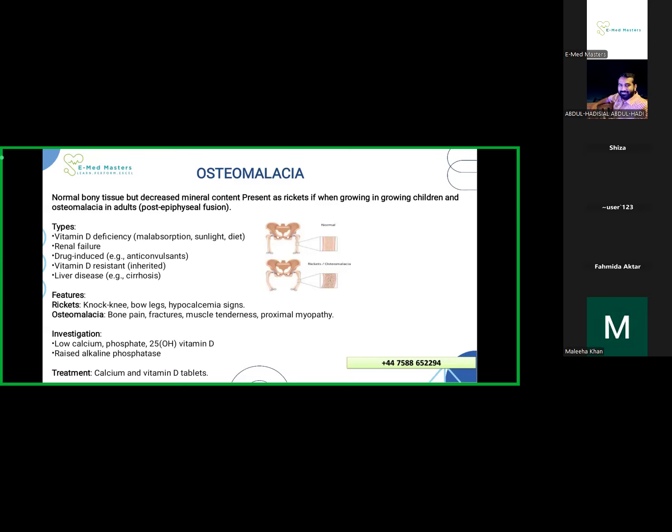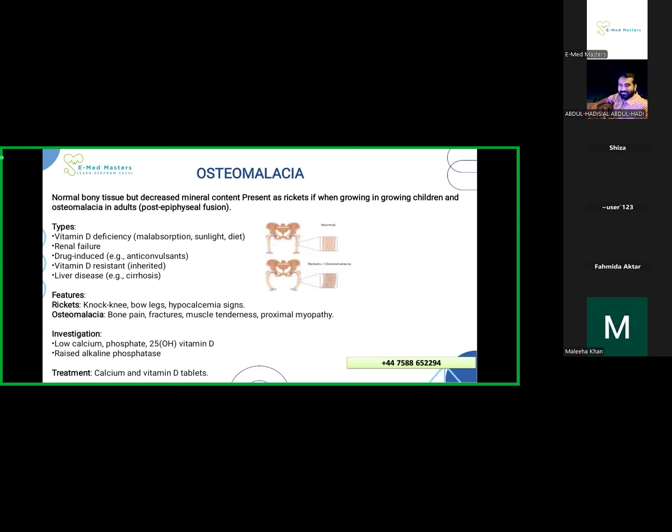It has different types like vitamin D deficiency, renal failure, drug-induced vitamin D resistant rickets, and liver diseases. They all cause osteomalacia, and rickets in children. Investigations will reveal low calcium, phosphate, and vitamin D, and a raised alkaline phosphatase level. Again, treatment would be calcium and vitamin D supplements.